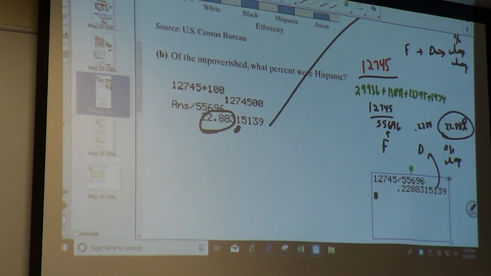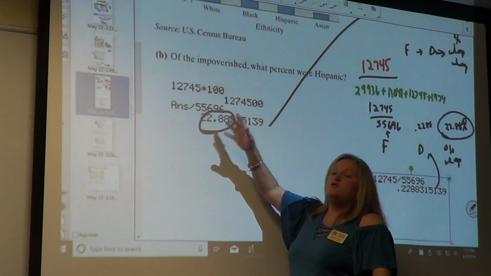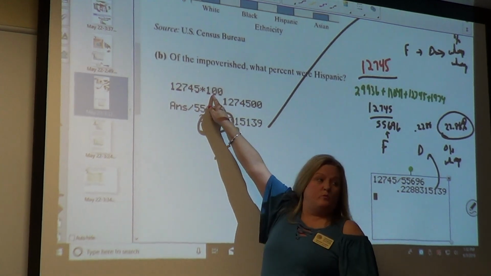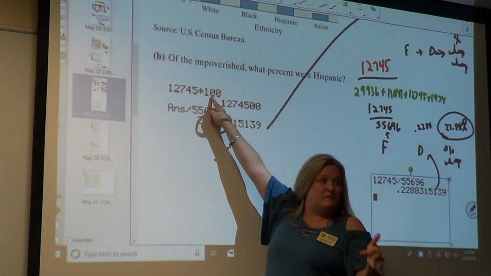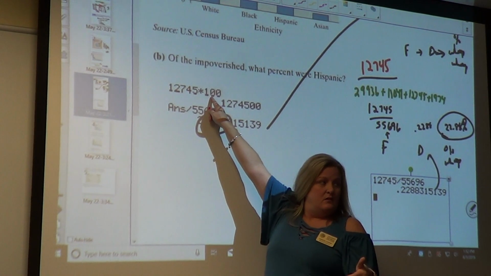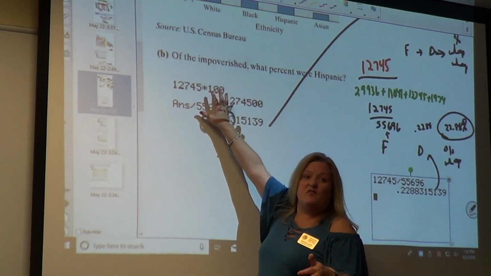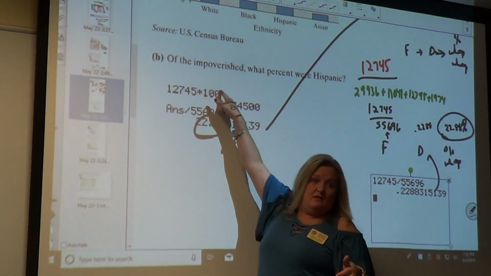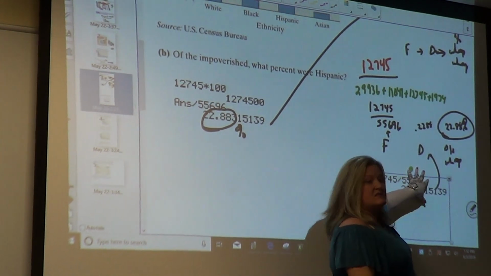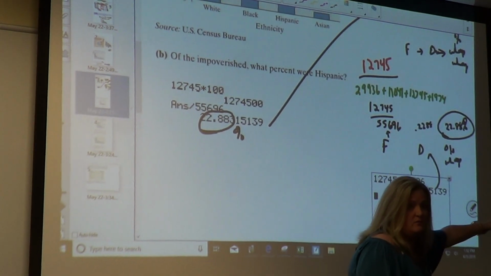So either way, we're going to get the same answer. So if you do part over whole or is over of, you don't have to whoop whoop. This is your whoop whoop. Multiplying by 100 is the same thing as whoop whooping. So if you use is over of or part over whole, the whoop whoop is built in. If you don't use that, then you got to get your whoop whoop on.